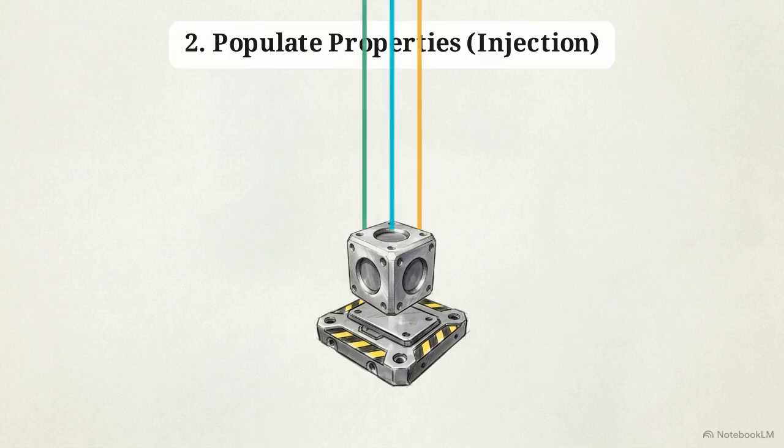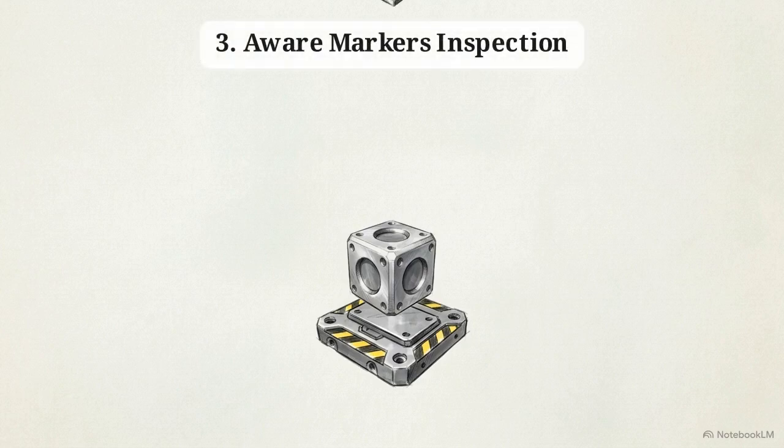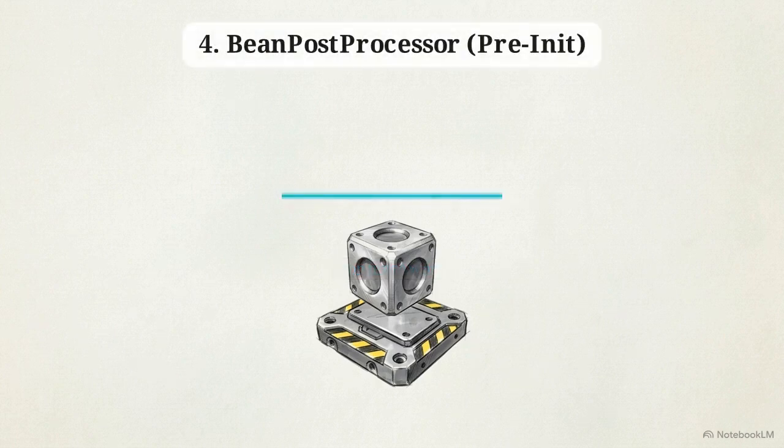It identifies dependencies, looks up their references in the singleton cache, and injects them into the fields. Step 3 checks the aware markers, injecting infrastructure details like the context string ID or a reference to the parent factory. Step 4 passes the raw object into the postProcessBeforeInitialization method of any active BeanPostProcessor interceptors.